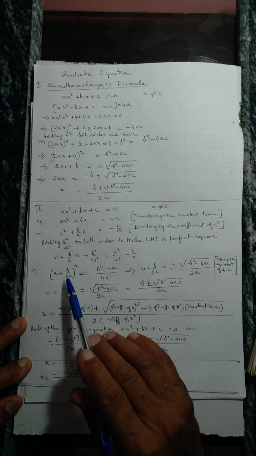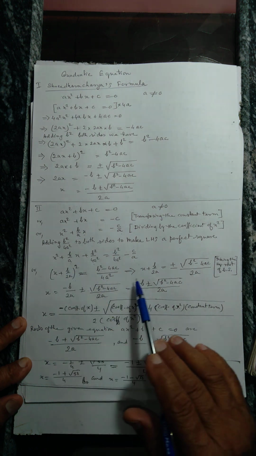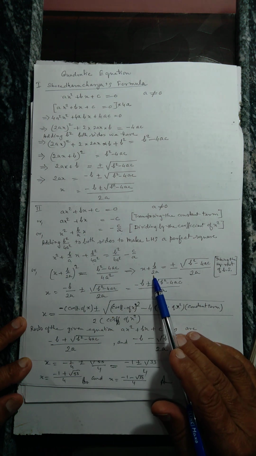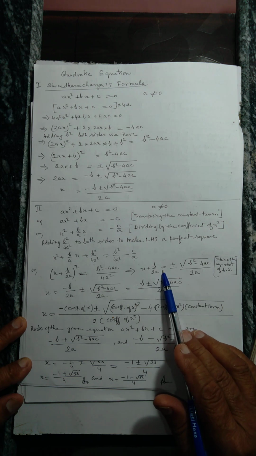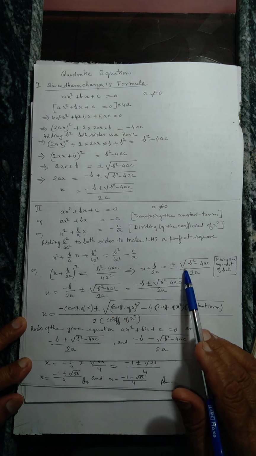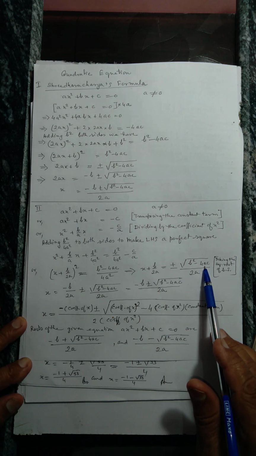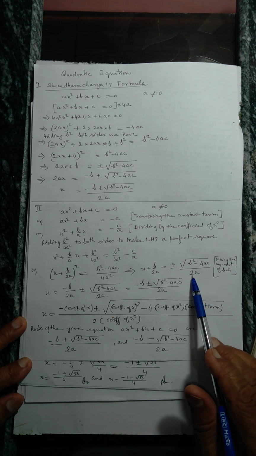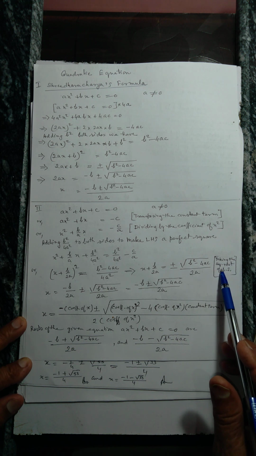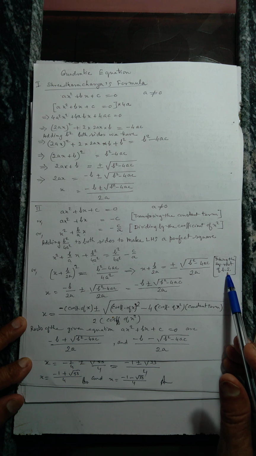Now taking the square root, x plus b upon 2a will be equal to plus minus root of b square minus 4ac upon 2a. I have mentioned it, taking the square root of both the sides.